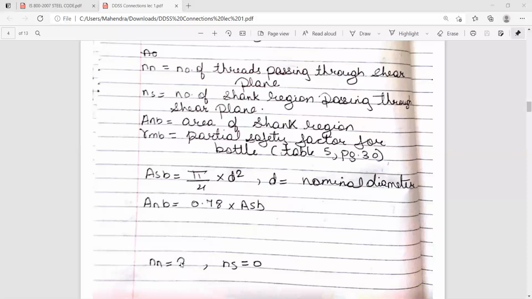For NN, you have to write 1 or 2, depending upon the number of threads passing through the shear plane. Whatever the number of threads that will pass through the shear plane, we will take that value. Yes, Abdullah completed.